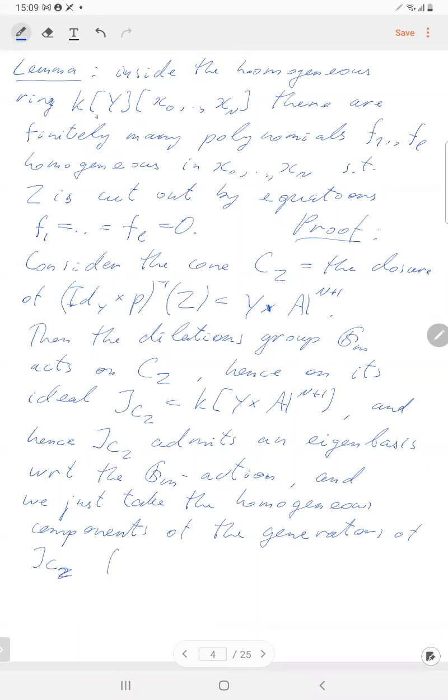Okay, for the generators F1 and so on through FL. Okay, so the lemma is proved, and we know that we can cut out our closed subvariety Z by some homogeneous equations somehow uniformly over the base Y. Okay, now we're going to use this lemma to finish the proof of the theorem.